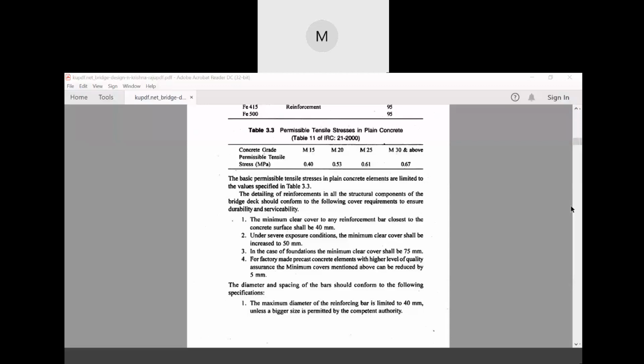Now, under severe exposure conditions, the minimum clear cover shall be increased to 50 mm.